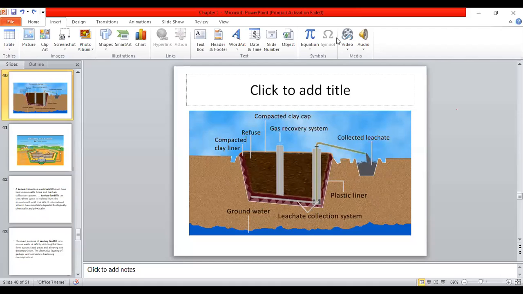Did you understand? Okay. Try to draw this figure.